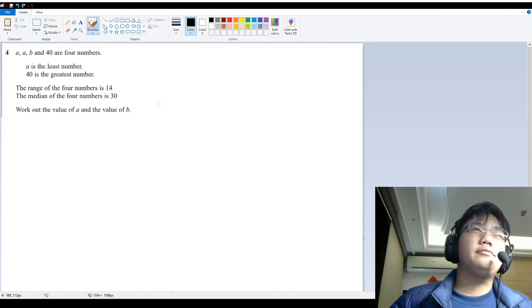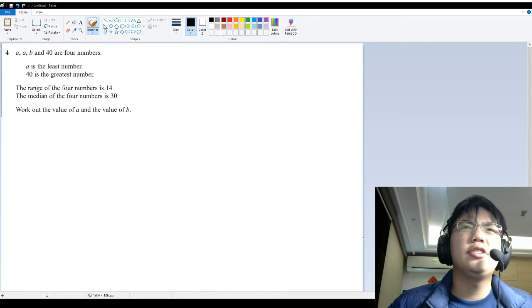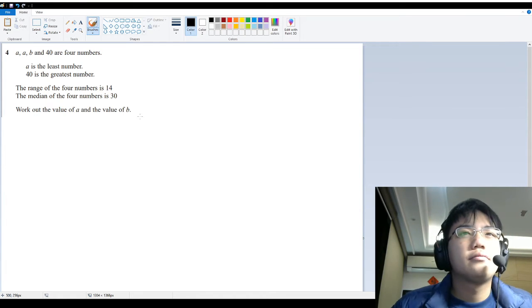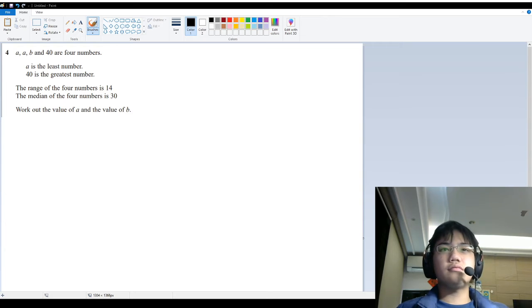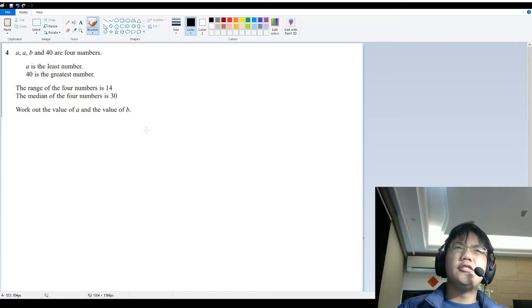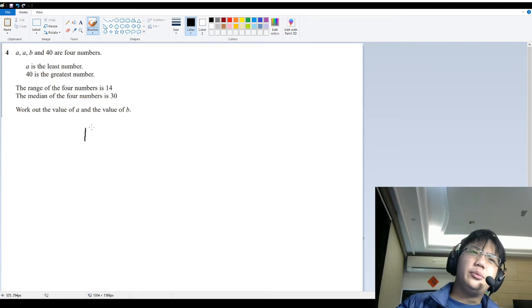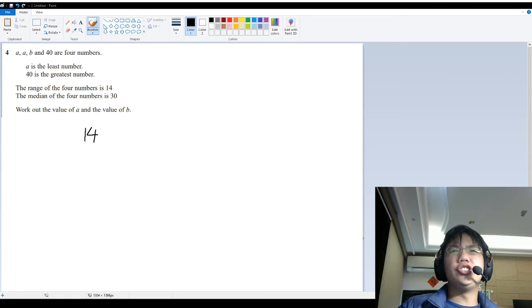This question merges statistics and algebra together and requires multiple steps to solve. First of all, let's use the range. The range of the four numbers is 14, as mentioned in the question.